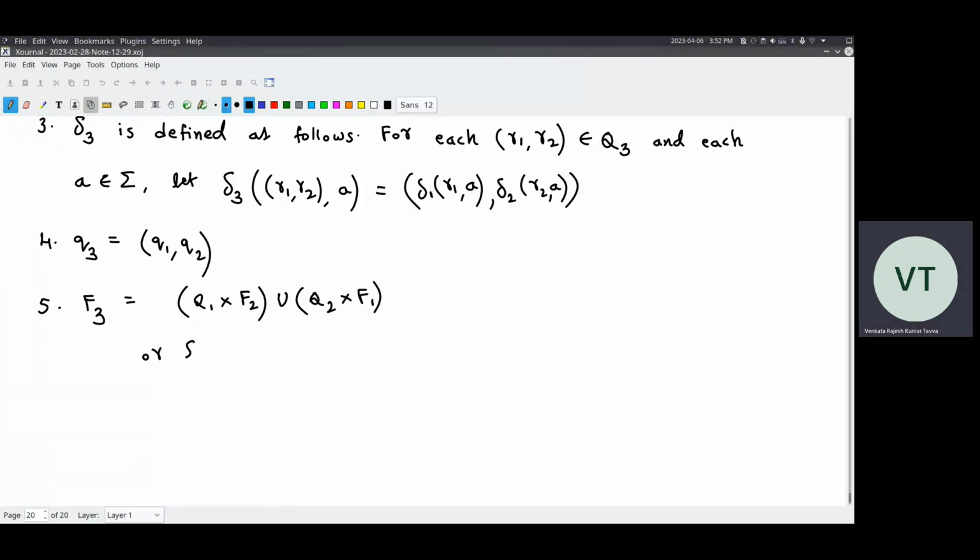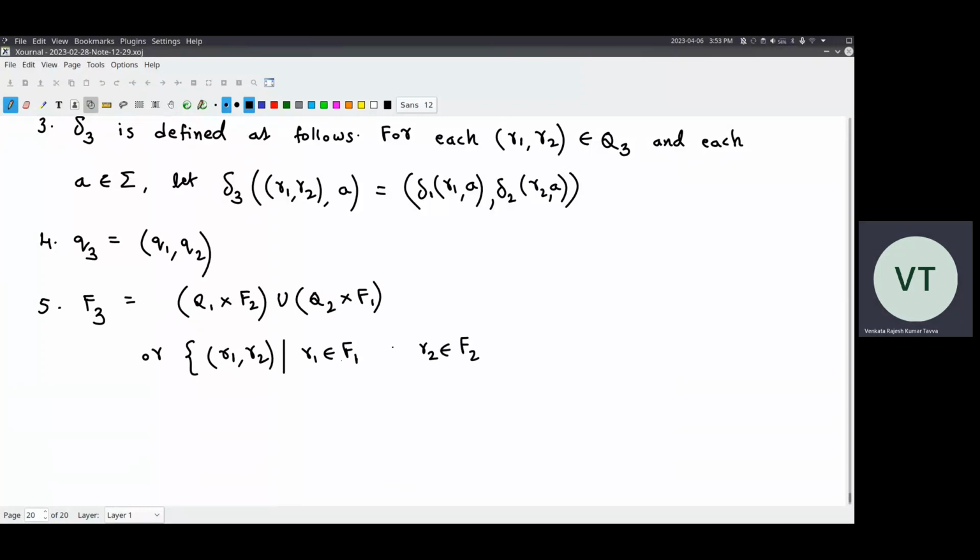Or another way of writing it is the set of ordered pairs R1, R2 such that R1 belongs to F1, and will you fill the remaining? R2 belongs to F2.